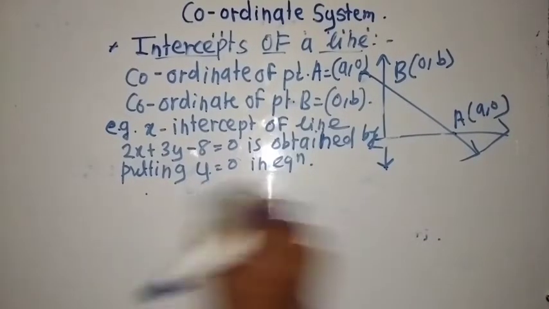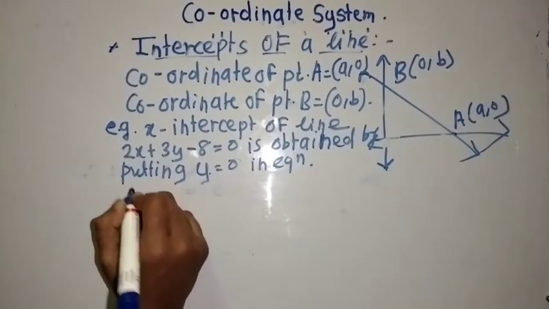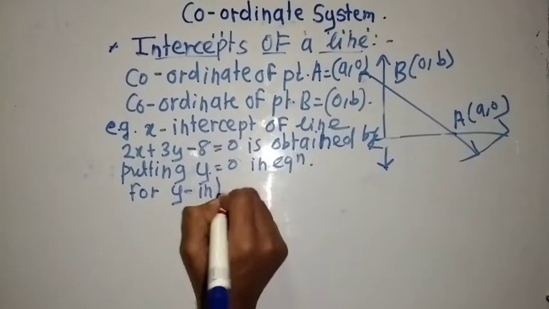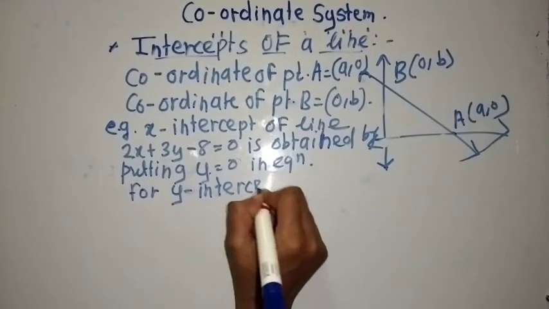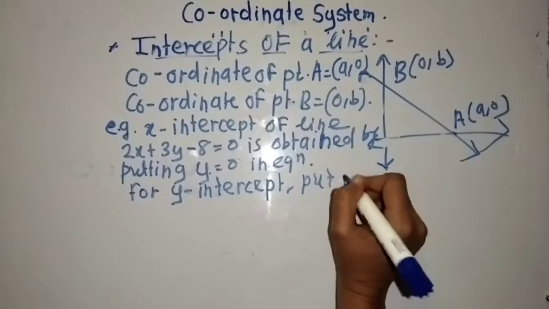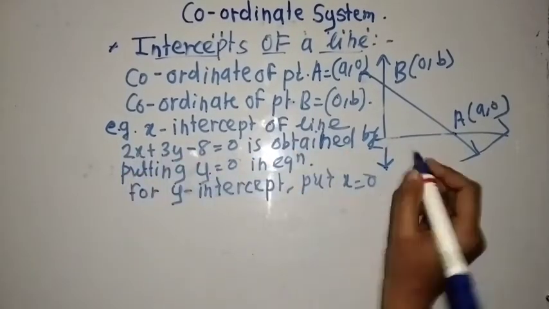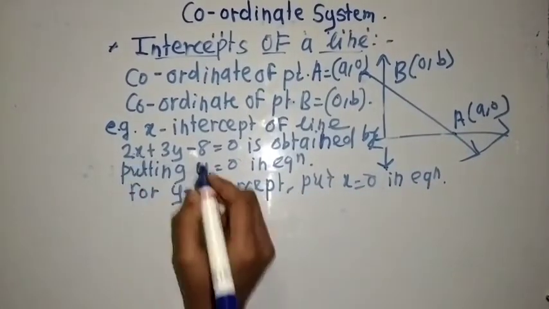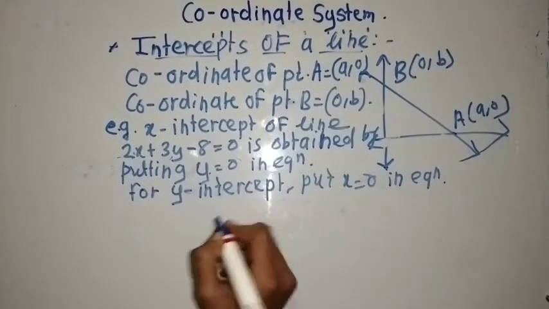And to find the y-intercept, put x is equal to 0 in the equation. Then x is equal to 0, so this term is 0.